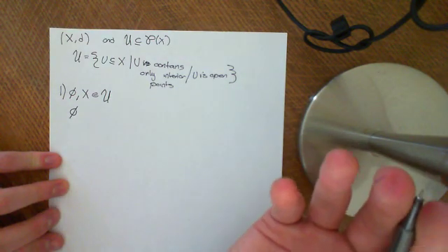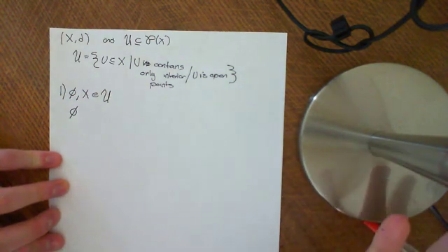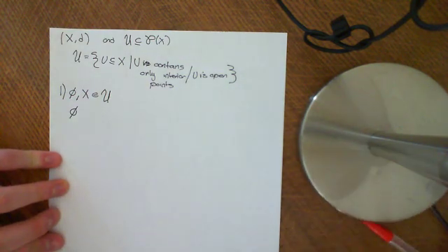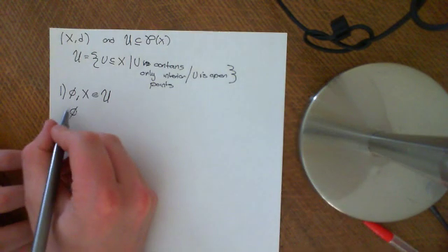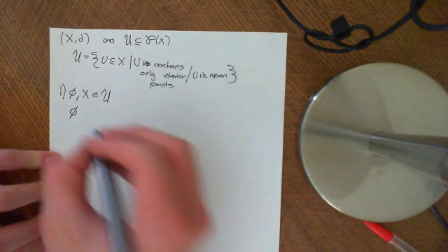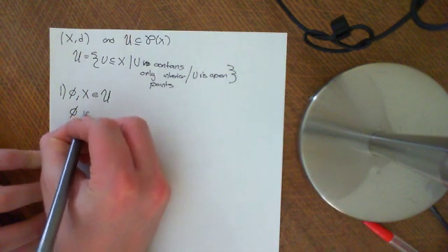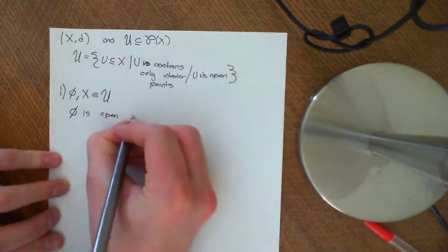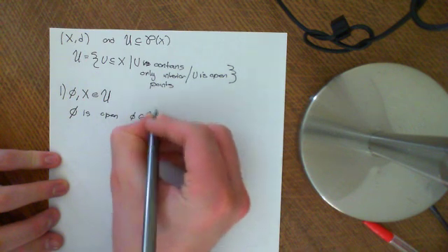Well, it contains no points, so it's certainly not true to say that it is not open, because if it were not open, then it would imply that there exists a point in that set which was not an interior point, and there are no points in here which are not interior points, so in a way it's vacuously true that this is open. So therefore the empty set would be an element of this set big U.